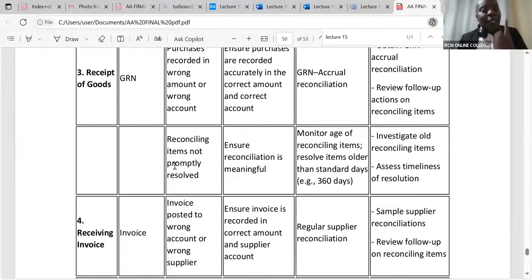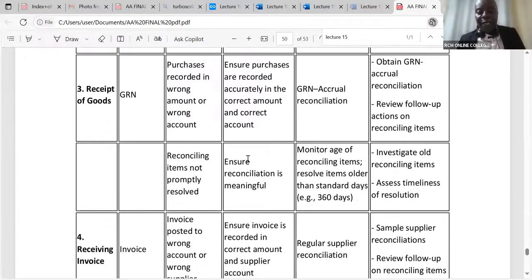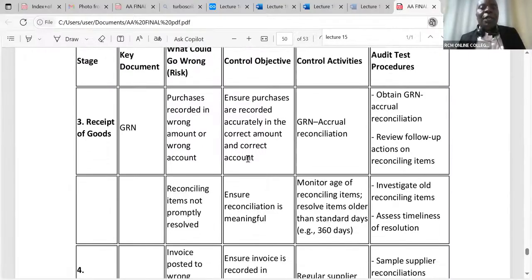If we are not getting a solution to non-reconciling items as fast as possible, then the entire reconciliation will not be meaningful. Then what will be the control activity? Remember, this is the control objective, and the control objective, I told you, must start with the word 'to': to ensure reconciliation is meaningful. Then the control activity: monitor age of non-reconciling items.